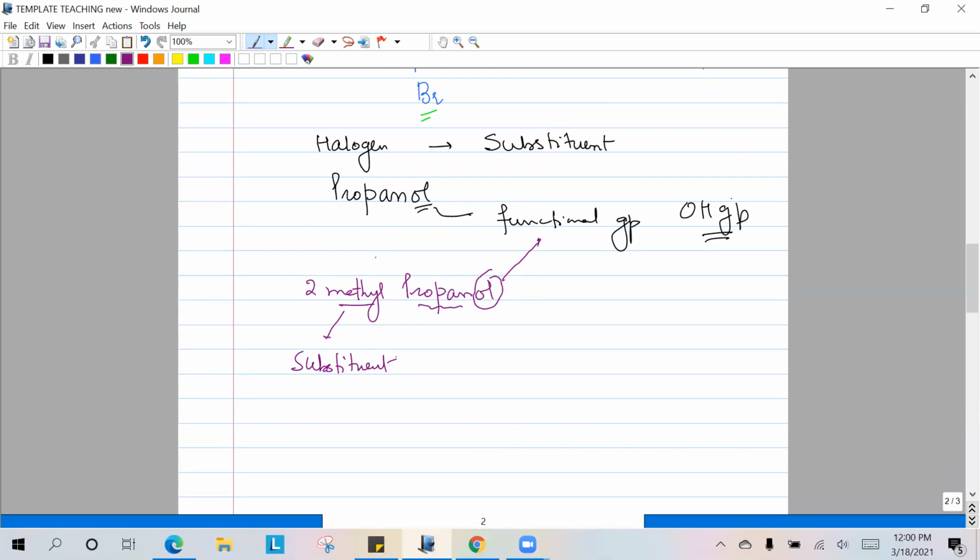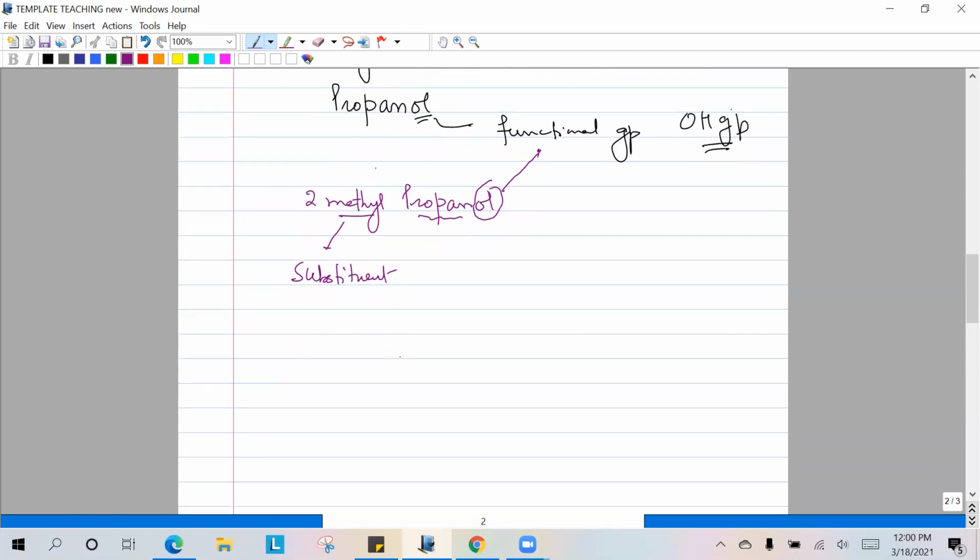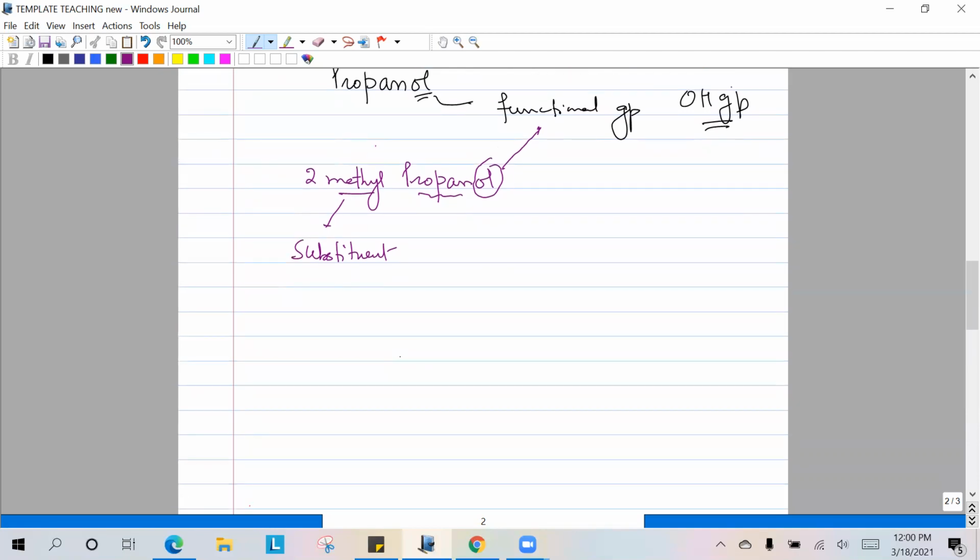Anything written after the parent chain is known as a functional group. For example, I can say propanoic acid. Now, oic acid stands for the functional group, which is your COOH group.